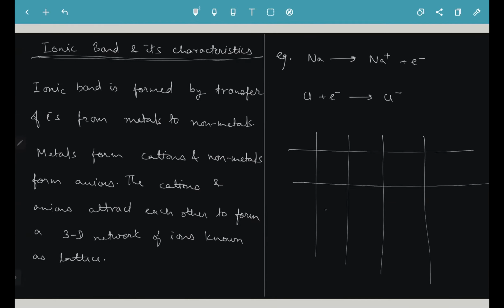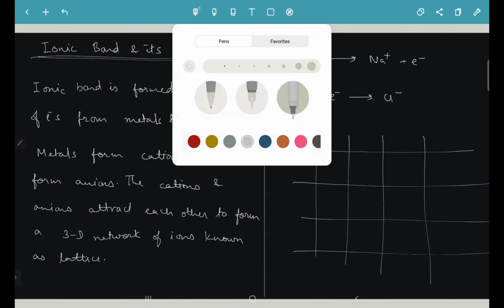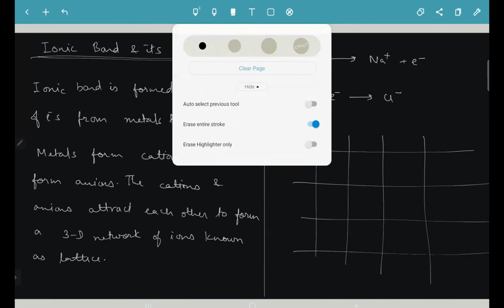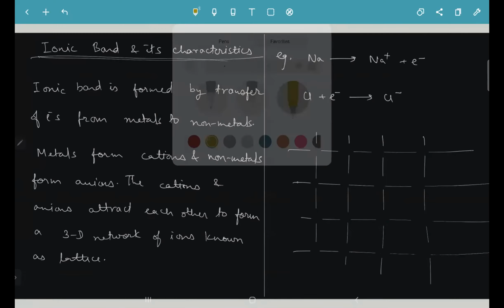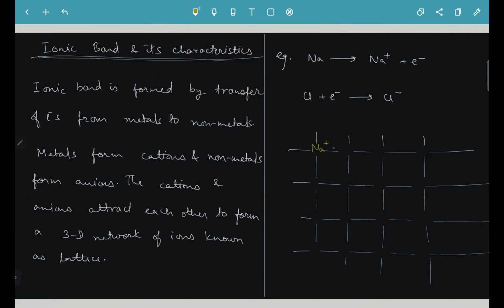So how can we represent this? There are Na plus ions surrounded by Cl minus ions, and Cl minus ions surrounded by Na plus ions.